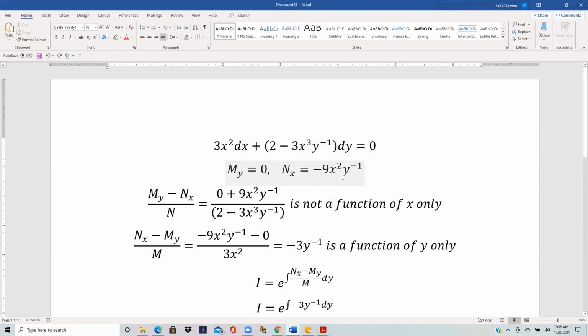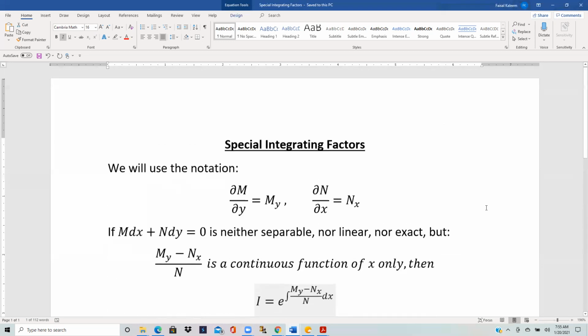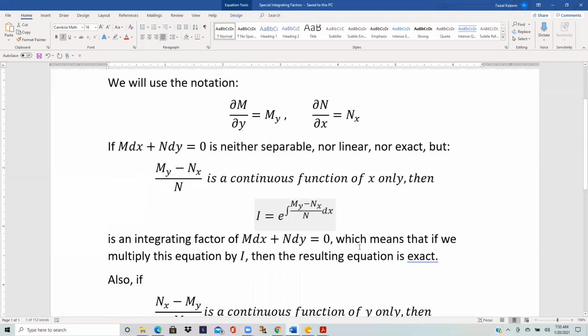However, now we remember what we had for the special integrating factors, that if it's neither separable nor linear nor exact, we have to look at this quotient. Is this a continuous function of x only?